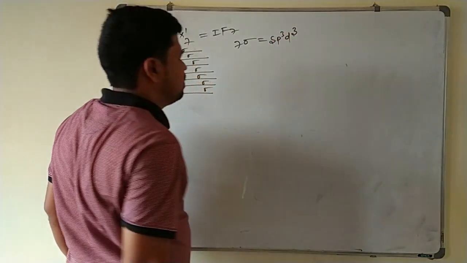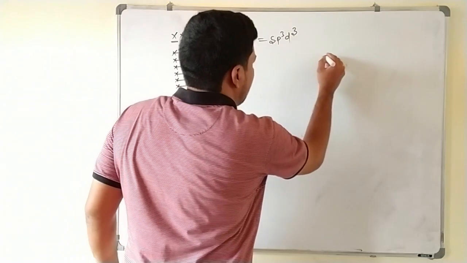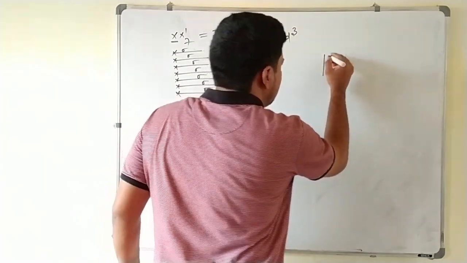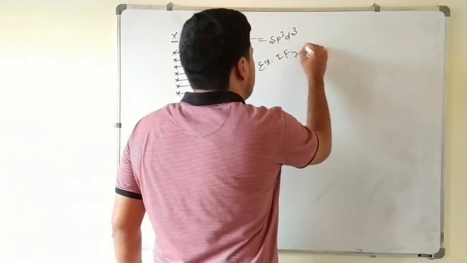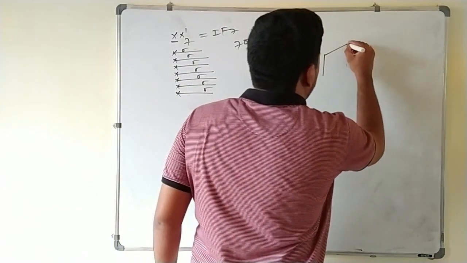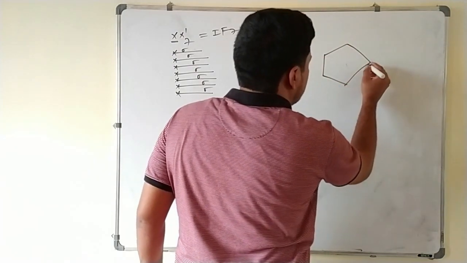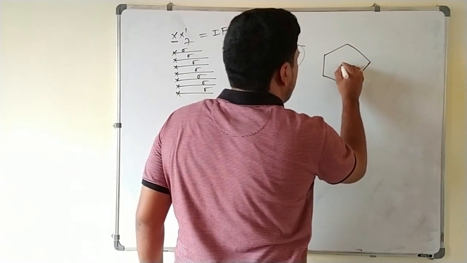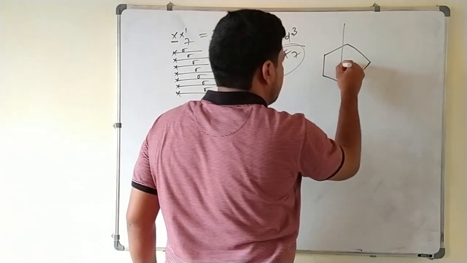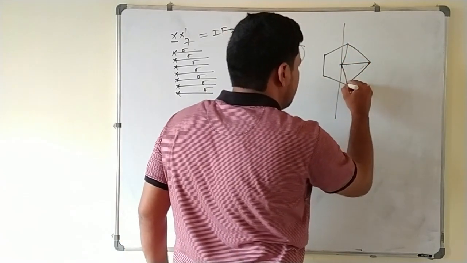sp3d3 hybridization. So it has a pentagonal bipyramidal shape here. You can draw the shape of the molecule like this. The example is IF7. The pentagonal bipyramidal shape is like this. You have to draw a pentagon first. So this is your pentagon, and one bond is above the plane and another is below the plane. These are the 5 bonds present in the pentagonal plane.